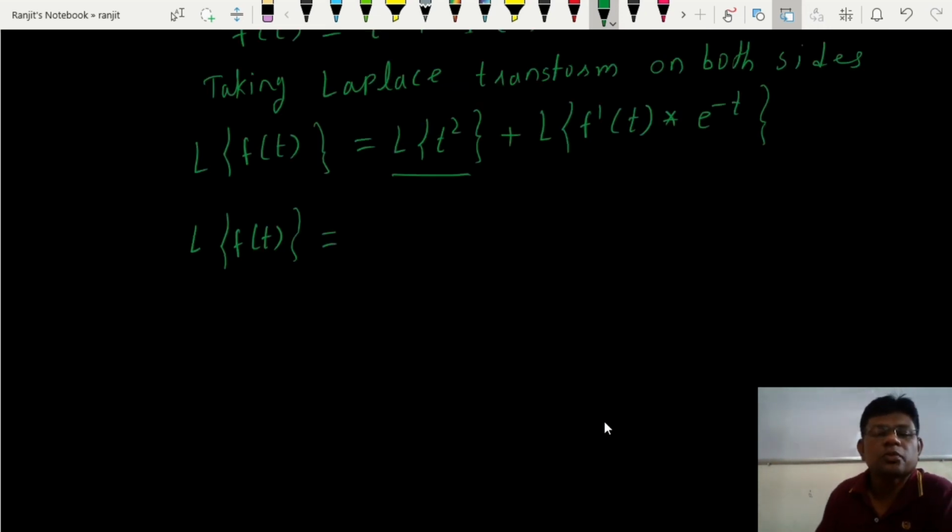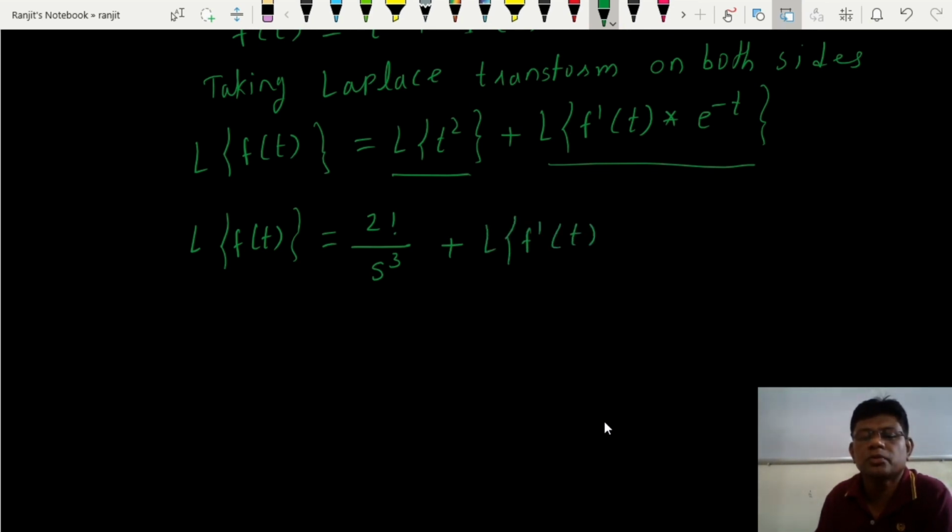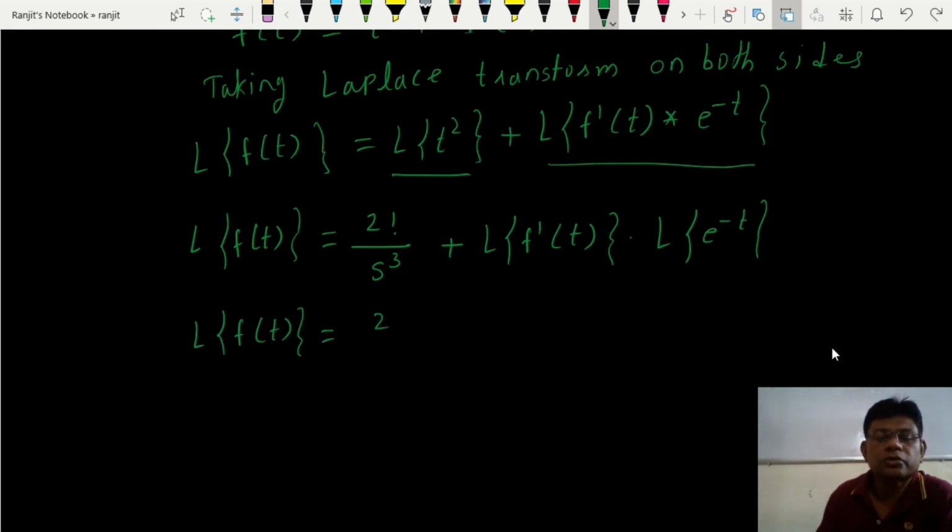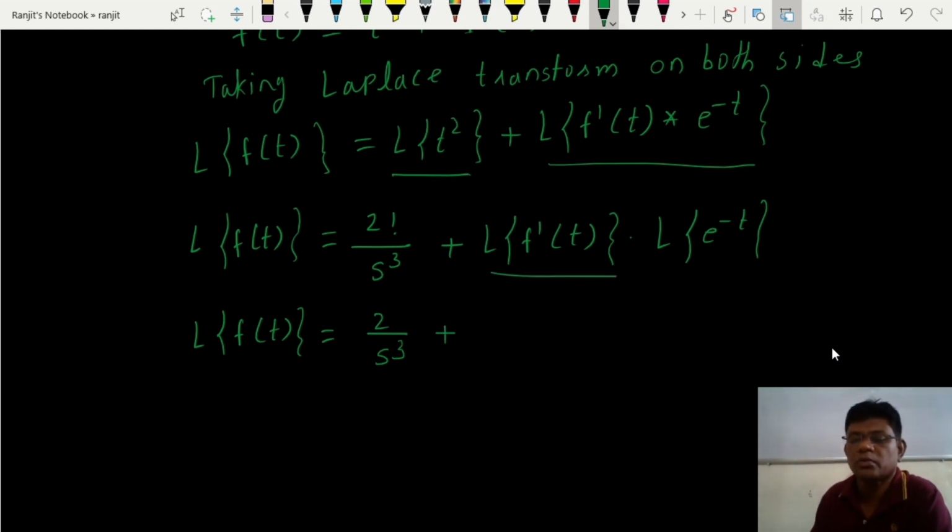Now Laplace transform of t square, answer is 2 factorial upon s to the power 3 plus by using convolution theorem, Laplace transform of f prime of t times Laplace transform of e to the power minus t. Now 2 factorial will be the 2 upon s to the power 3 plus Laplace transform of f prime of t means Laplace transform of derivative.